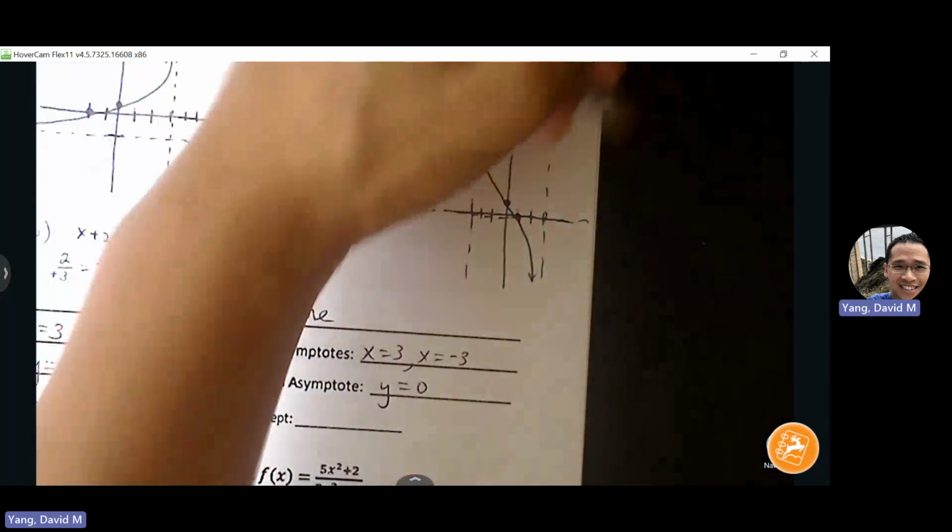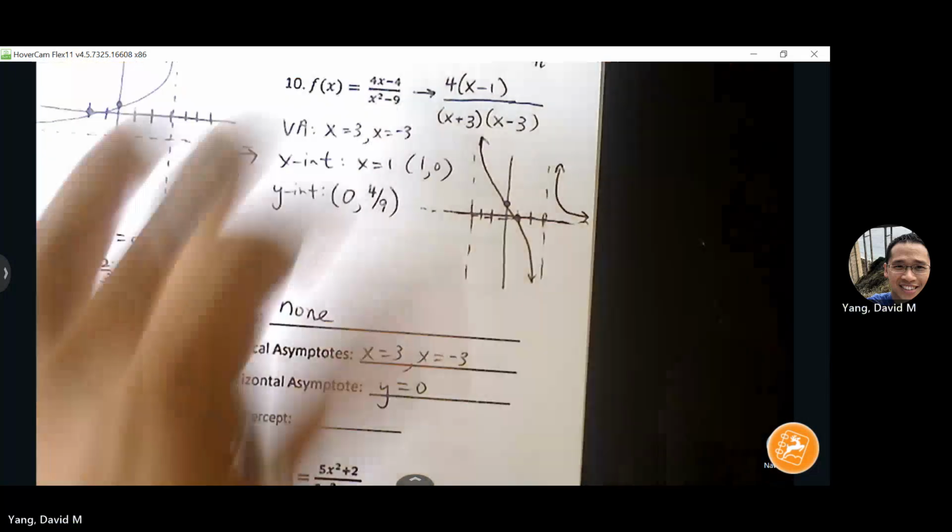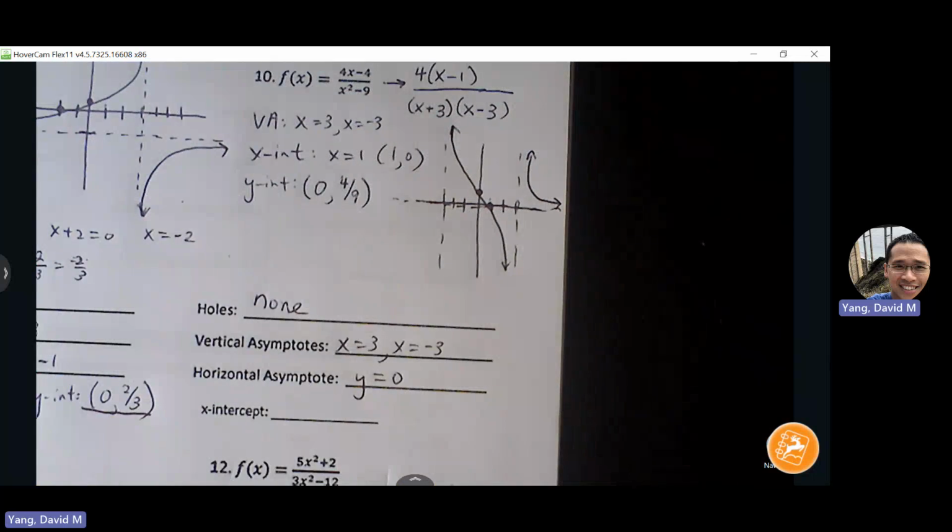And these asymptotes give me an idea how my graph can live. That's the only way I can get my graphs to hug the lines. And it's always going to be in that kind of curved branch.